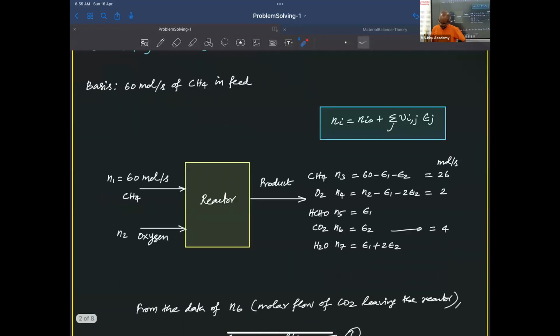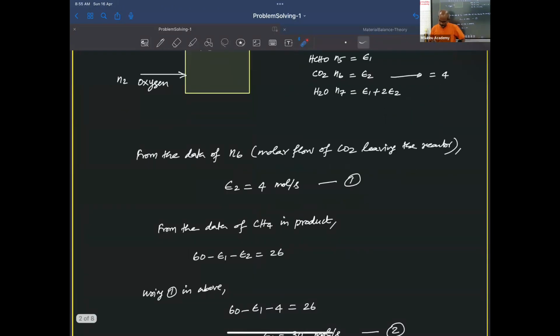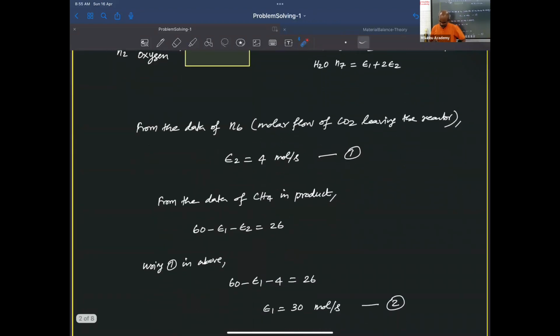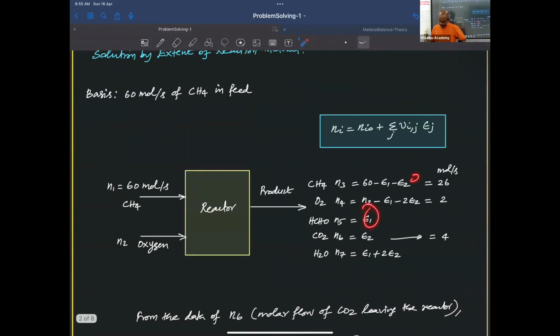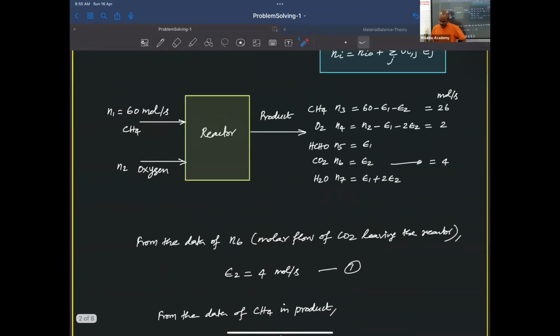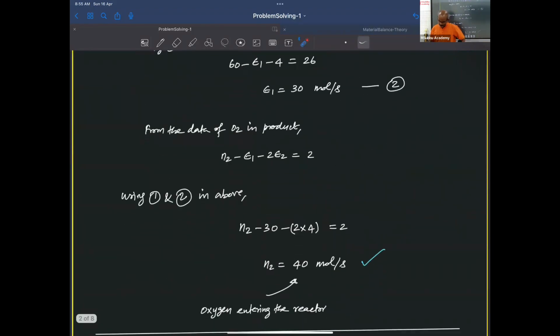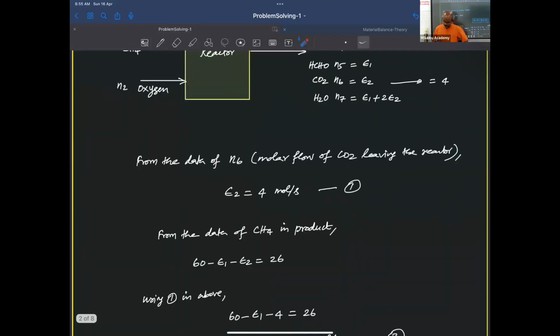So from that, I am getting E2 as 4, and using that in the CH4 in the product, I have 60 minus E1. So I get E1 also solved. So E1 and E2 are available. Then what else is needed? We need to get N2. E1 and E2 are available, so you can get N2 directly. N2 is nothing but the moles of O2 entering the reactor.